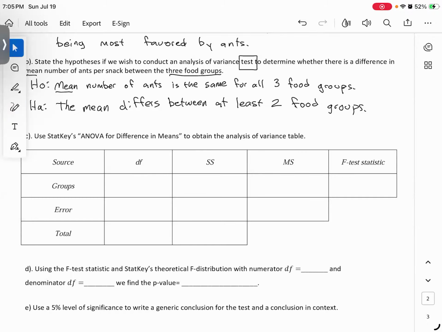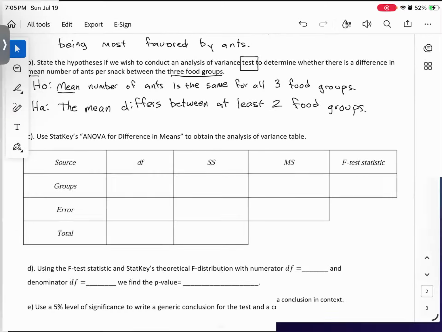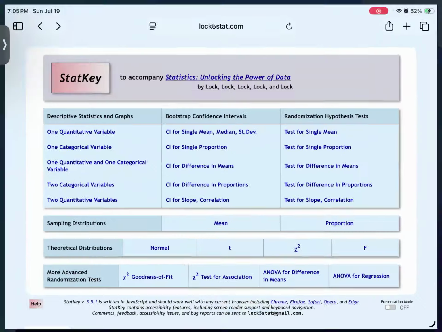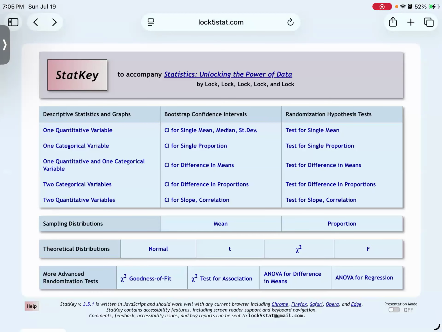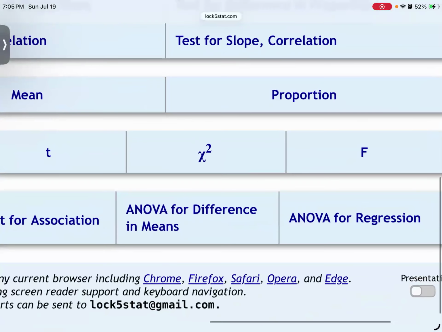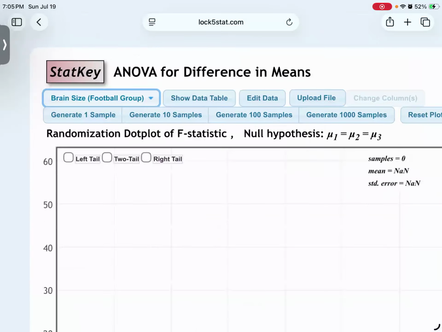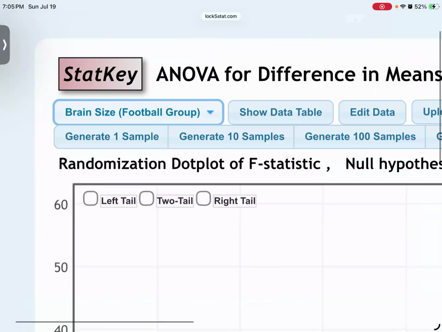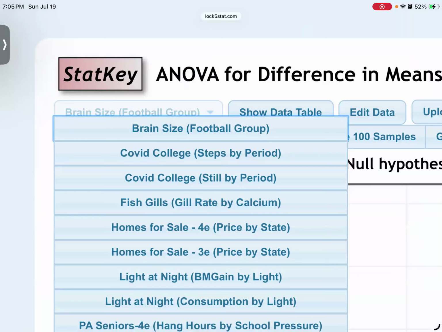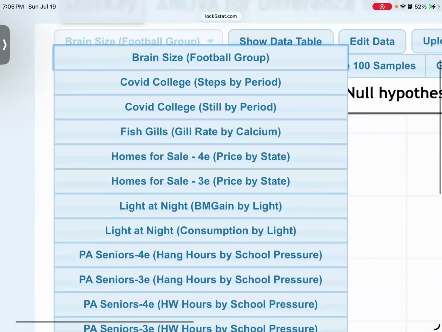So let's go over to StatKey. You can see down at the bottom where it's got ANOVA for difference in means right there. When you get in here, there's going to be one at the very top that says brain size, and we're looking for the one that's ants.